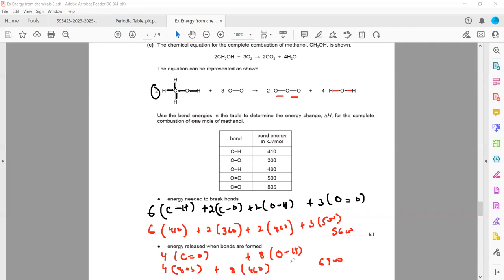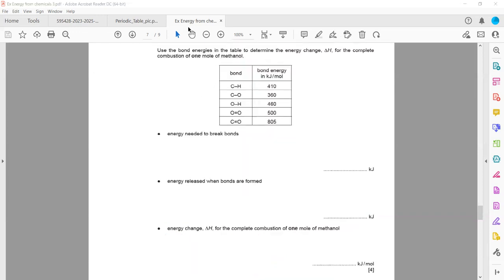The next part, we need the energy change for this reaction. The formula for energy change is bond breaking minus bond forming. The reactant side is always the bond breaking energy and the product side is the bond forming.